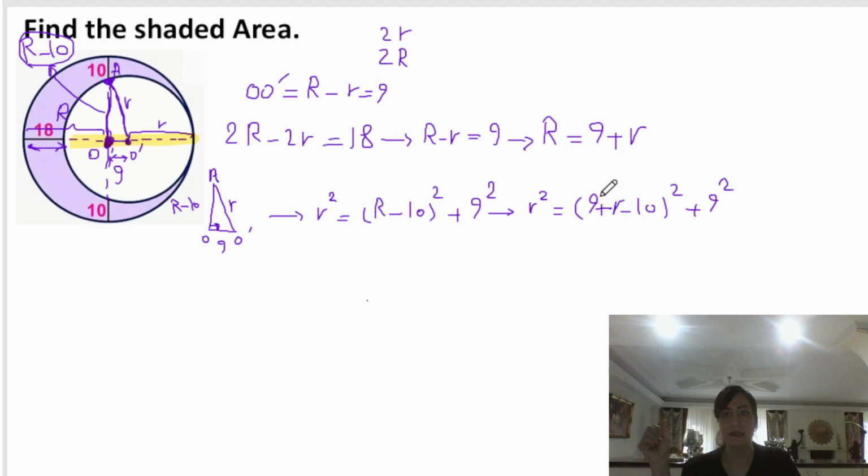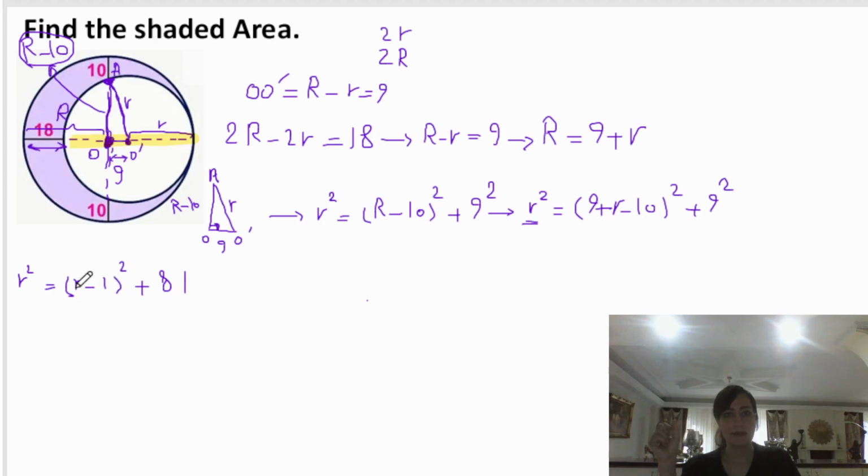This 9 and minus 10 gives me negative 1. So I rewrite it here. For the left side, r squared equals r minus 1 to the power of 2, plus 9 squared, which gives me 81.